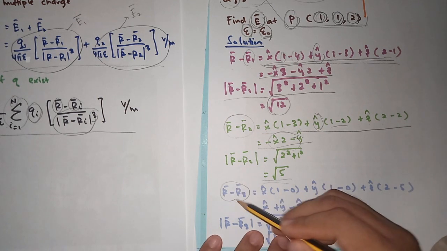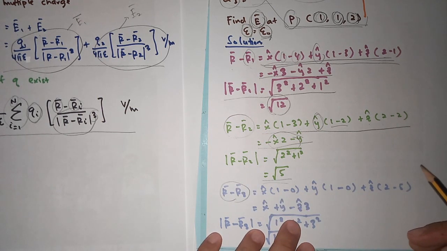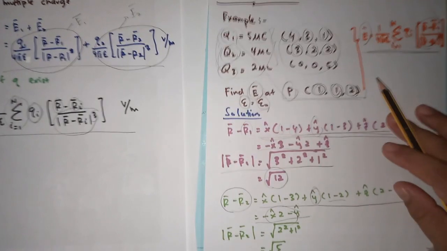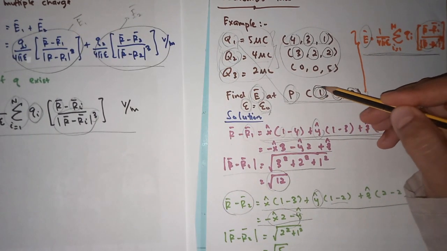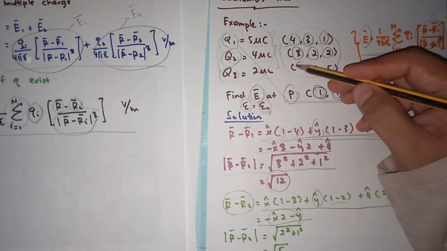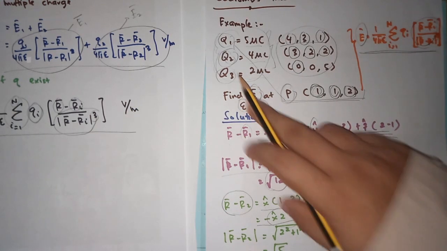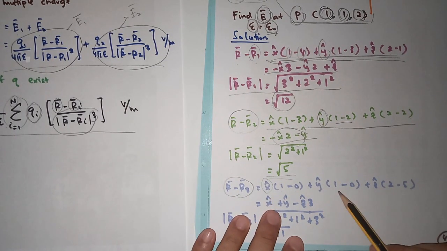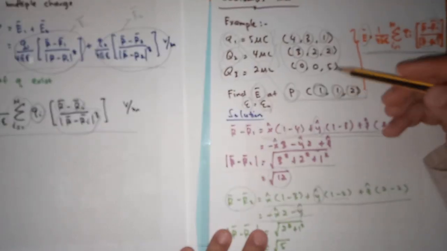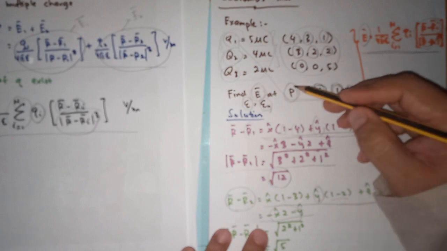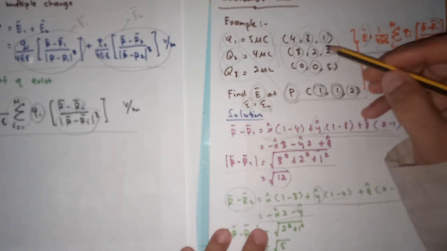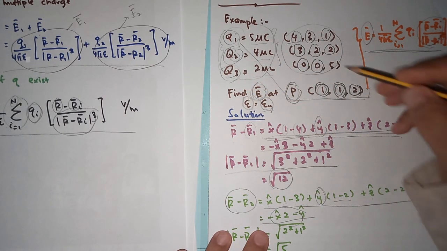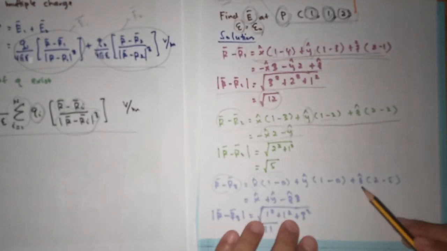We need to find the vector that represents direction and distance between our test point and Q3. We have x cap 1 minus 0, the x component of P minus the x component of Q3, then y cap 1 minus 0, the same arrangement for the y component, and for the z component we have z cap 2 minus 5.